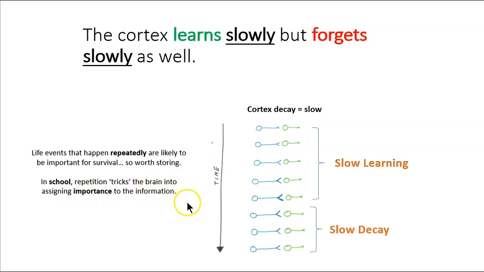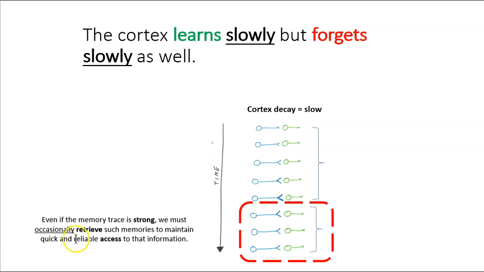So repeated information is going to be stored well in the brain because these cortical neurons need repeated activations to grow strong synapses. But even if the memory trace is strong, we must occasionally retrieve such memories to maintain quick and reliable access to that information.